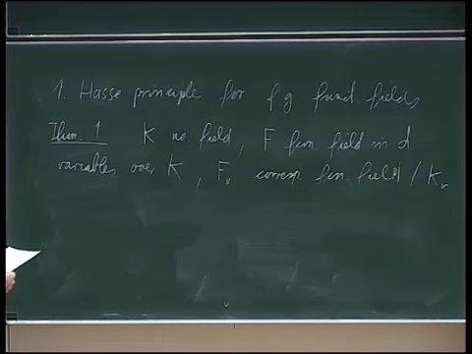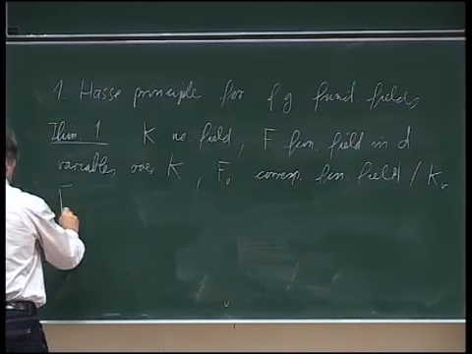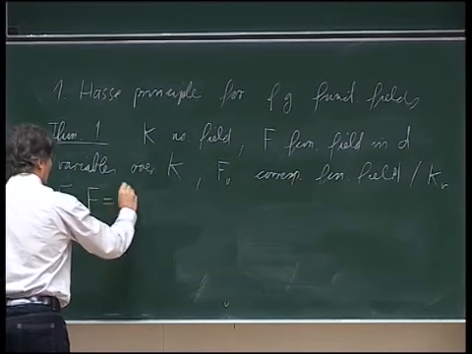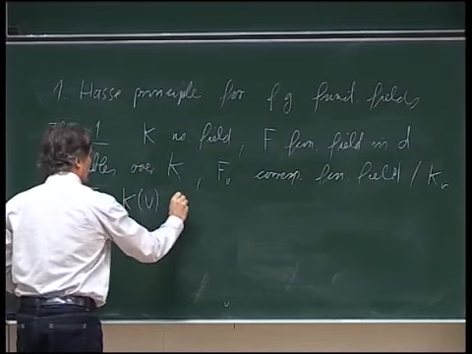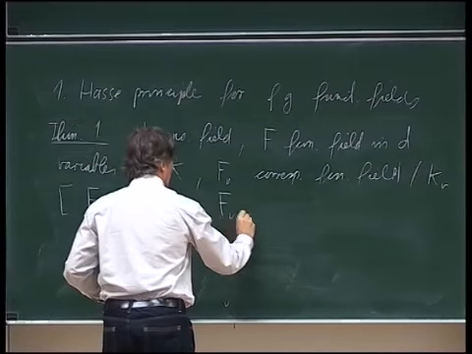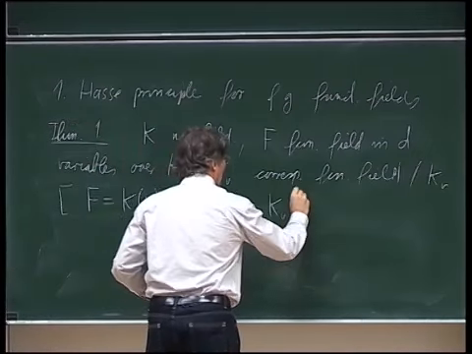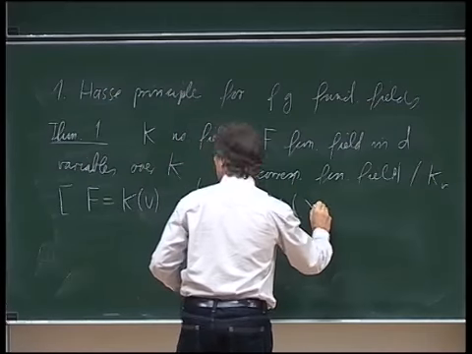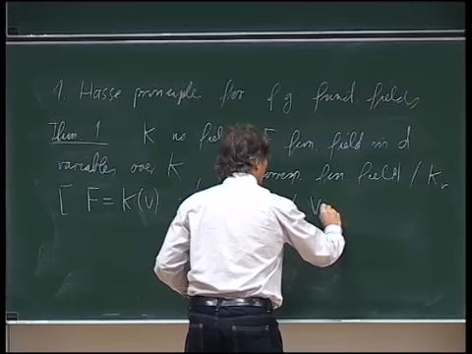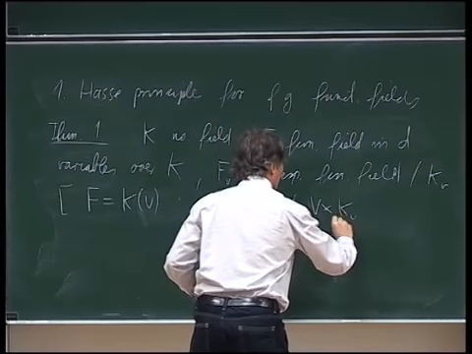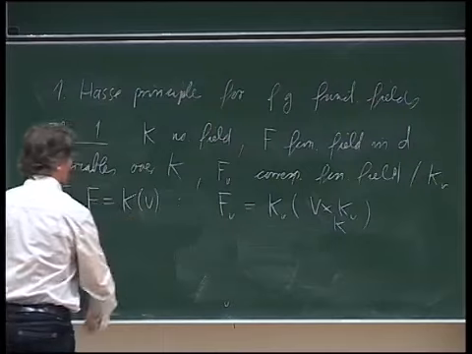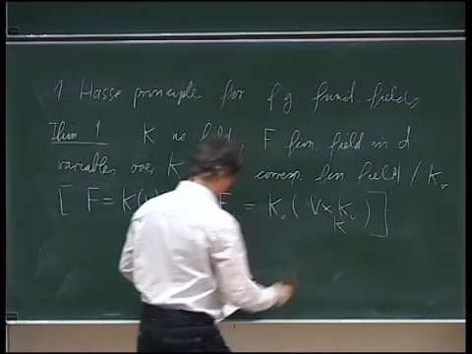Okay, so that means, if F is K of the variety, then Fv is Kv of the variety base changed to Kv. So as I said, I assume that it's geometrically irreducible.